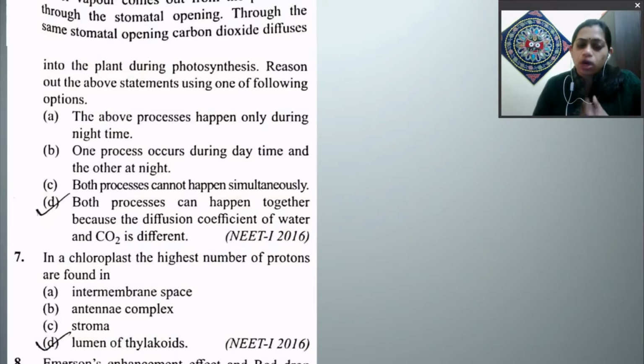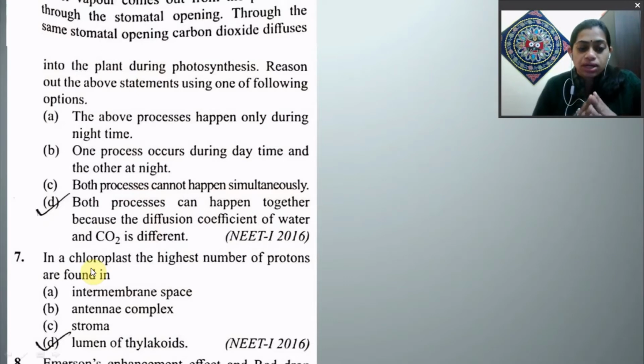B: one process occurs during daytime and the other at night. C: both processes cannot happen simultaneously. D: both processes can happen together because the diffusion coefficient of water and carbon dioxide is different. So D is the right answer. Both processes can happen together because उन लोगों का diffusion coefficient अलग है.